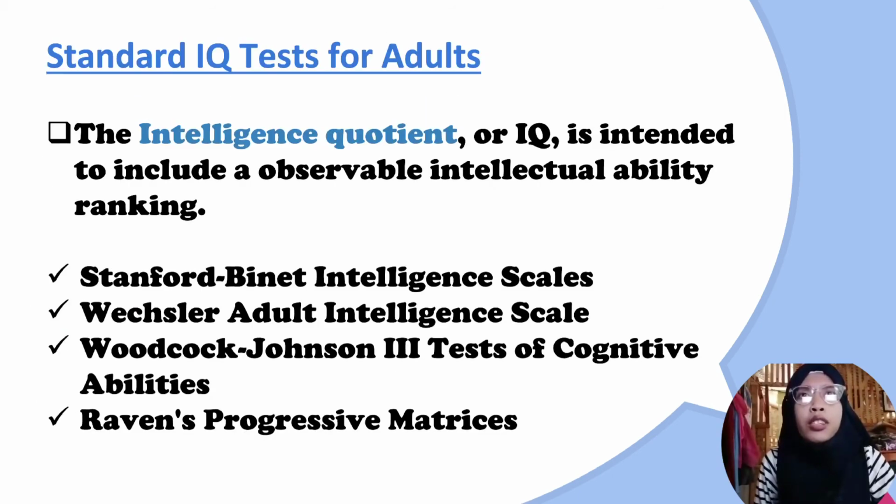We have also standard IQ tests for adults. So the intelligence quotient or IQ is intended to include an observable intellectual ability ranking. It assesses different forms of intelligence and cognitive competencies through both verbal and non-verbal questioning.